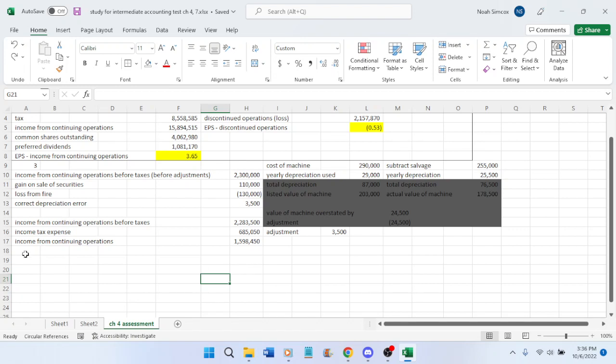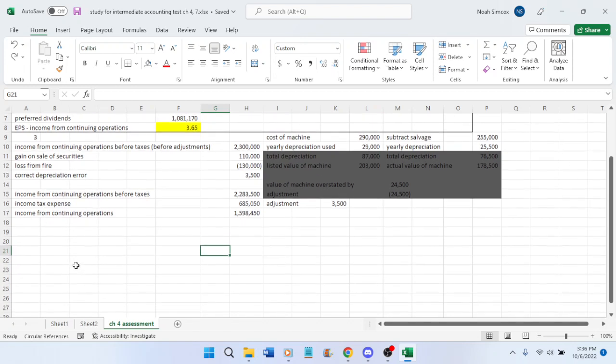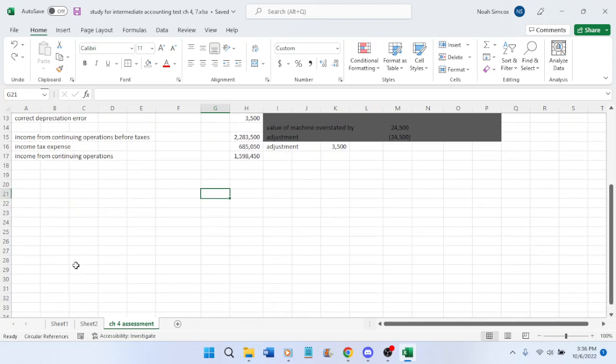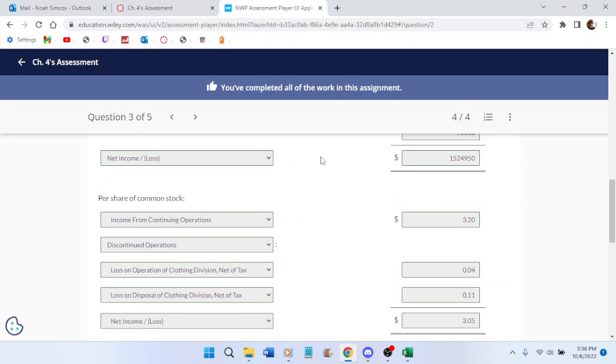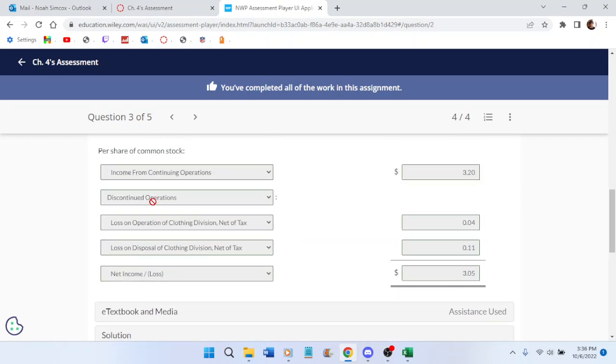Then you do, now I don't know how they write discontinued operations, so I have to look at it again. God dang it. Discontinued operations, loss from this, and then you have your final net income. Man. Alright.